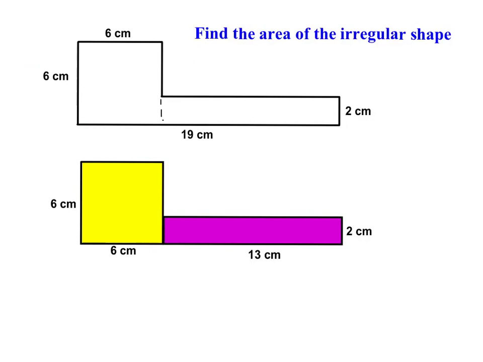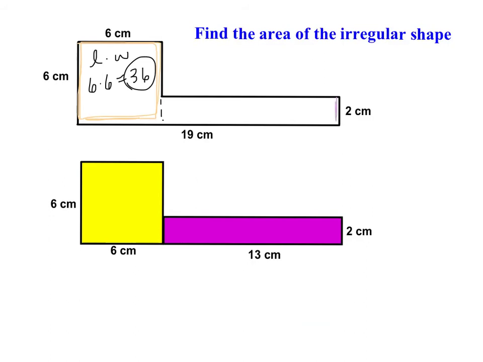Now I want to find the area of my square, which is this right here, my 6 by 6 square. Again, length times width, so it's 6 times 6, which is 36. Now, let's do the pink one.